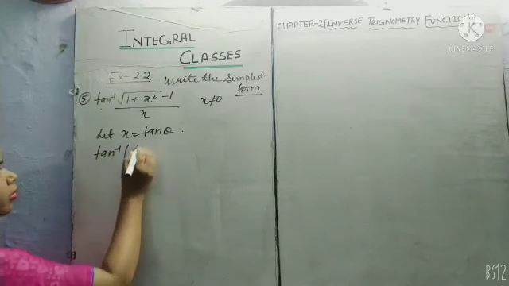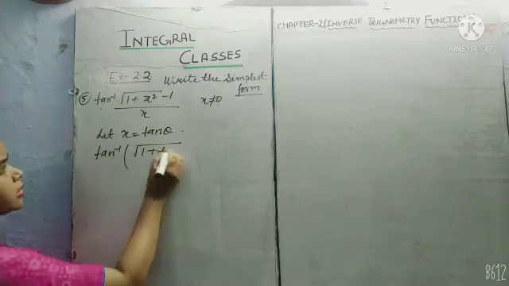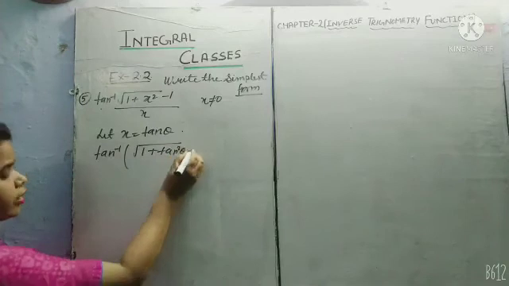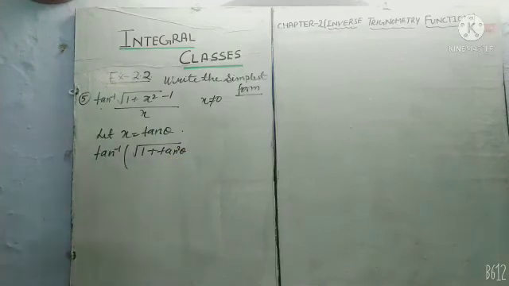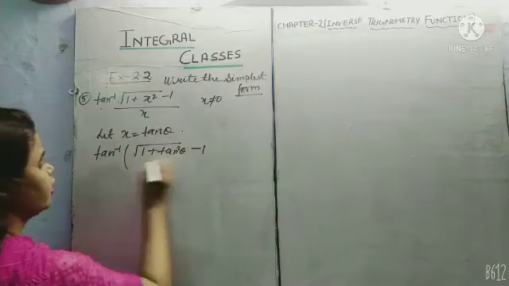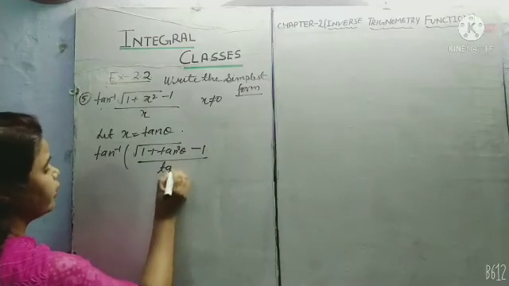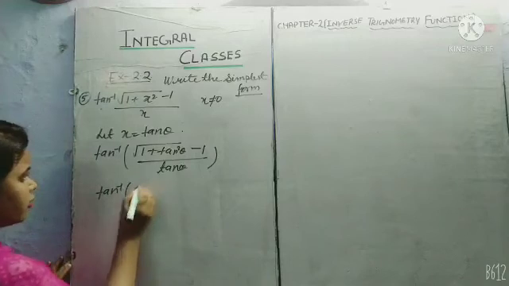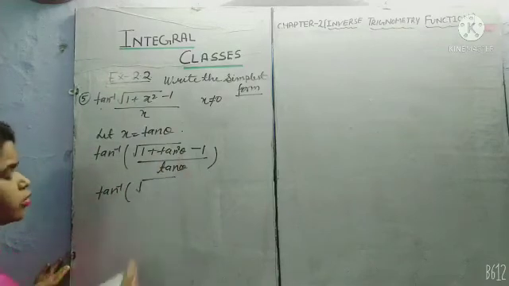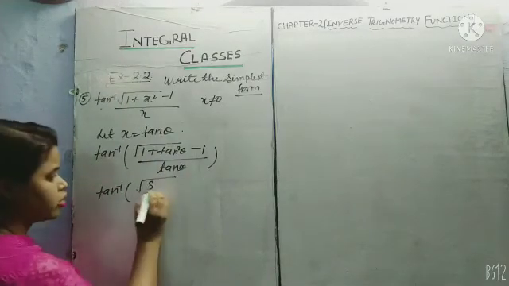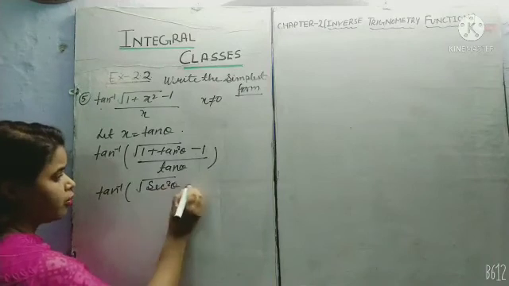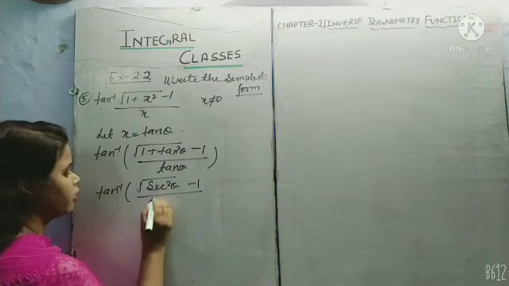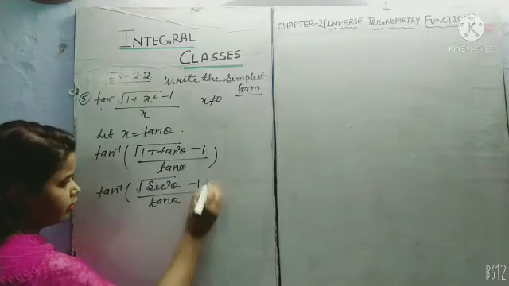So it will become root 1 plus tan square theta minus 1 upon tan theta, then tan inverse. We know that 1 plus tan square theta is equal to sec square theta.